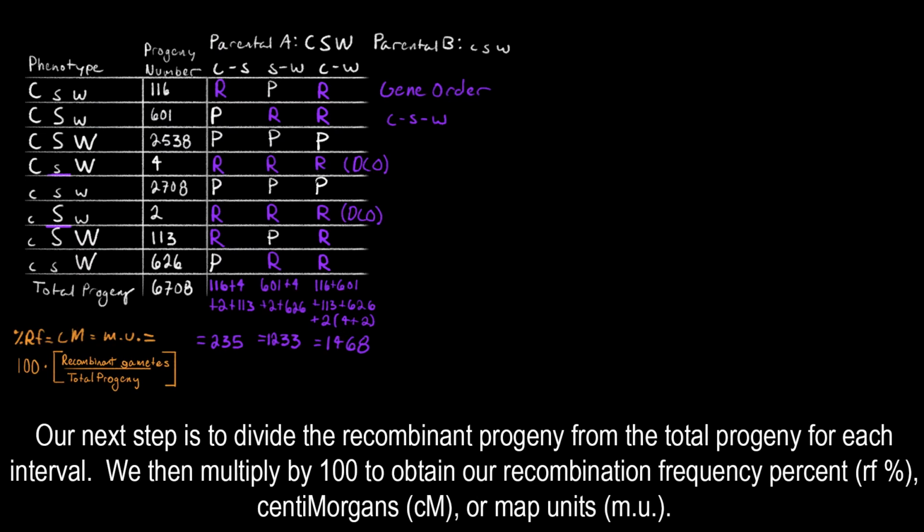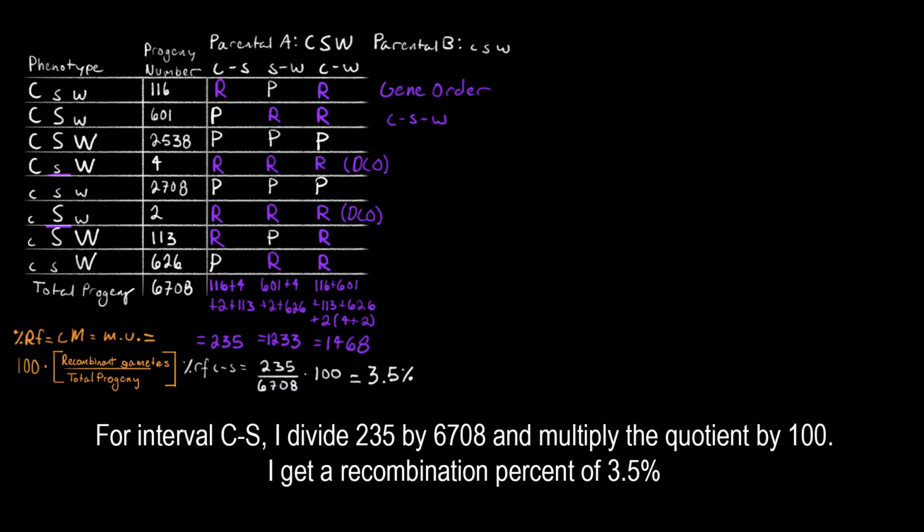Our next step is to divide the recombinant progeny by the total progeny for each interval. We then multiply by 100 to obtain our recombination frequency percent, centimorgans, or map units. For interval C and S, I divide 235 by 6,708 and multiply the quotient by 100. I get a recombination percent of 3.5.